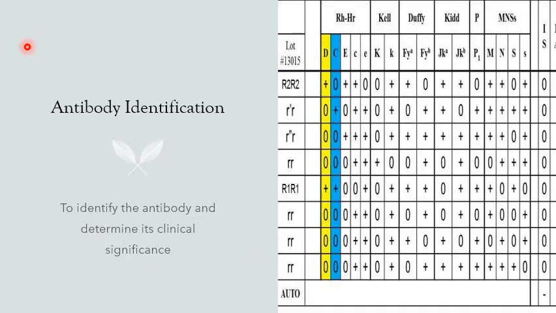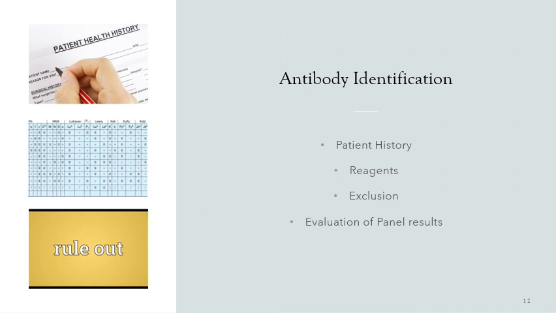After the detection or the screening of antibodies, we will proceed to the antibody identification. So antibody identification is to identify the antibody and determine its clinical significance. The first step in antibody identification is the patient's history.